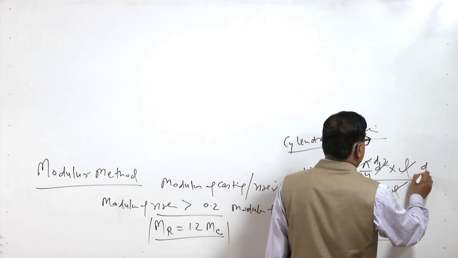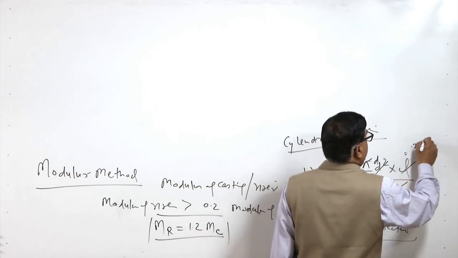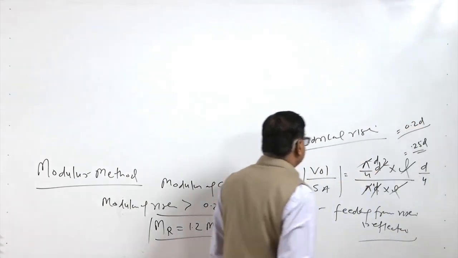So, we are left with d by 4, which is precisely 0.25 d, mostly taken as 0.2 d.